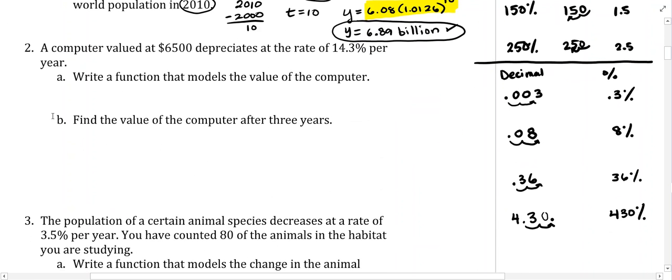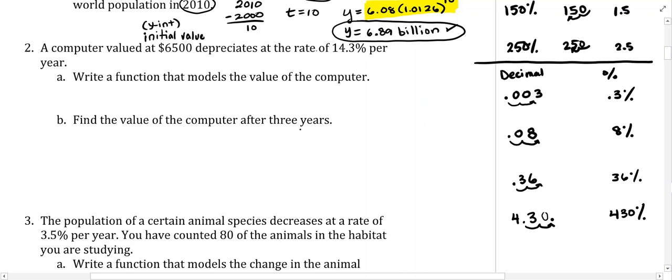Next problem. A computer valued at 6,500 depreciates at the rate of 14.3% per year. All right, so then this right here is going to be the initial value, or the y-intercept. When this is graphed, this is the y-intercept, correct?